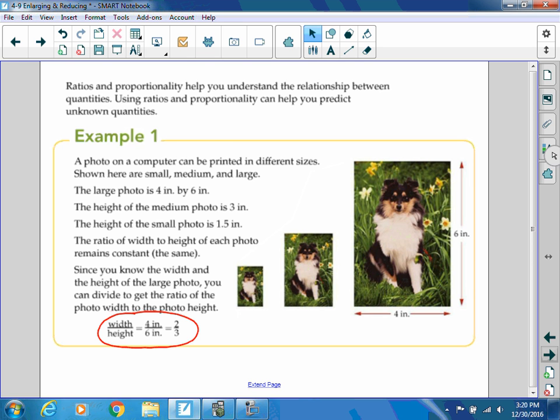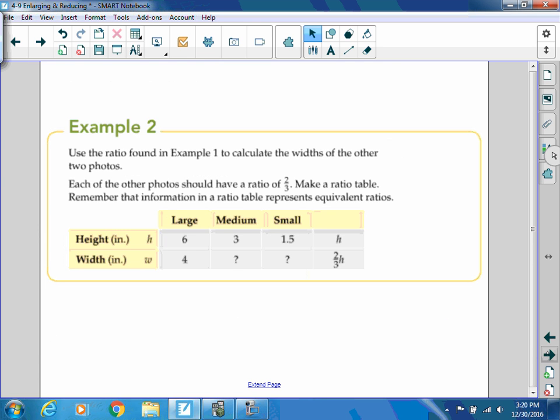Now where that becomes useful is when we move on to this next slide here, and we look at the last column here, and look at the width, we see that it's 2/3 h.